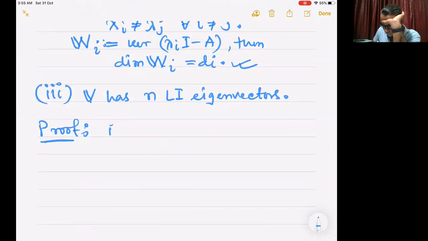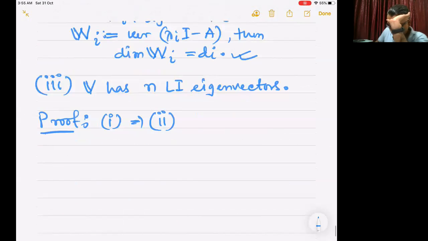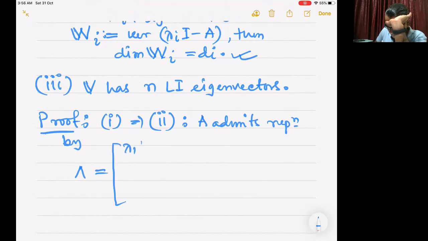One implies two is something that we have already discussed. If A is diagonalizable, then there exists a basis where A is represented by lambda_1 I_d1 up to lambda_k I_dk for some d1 up to dk.